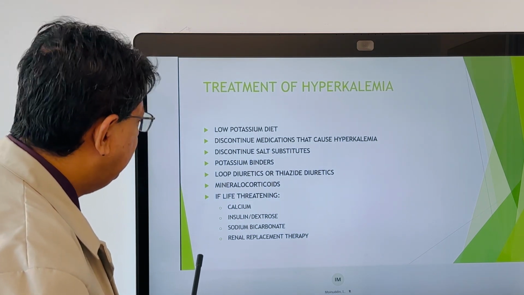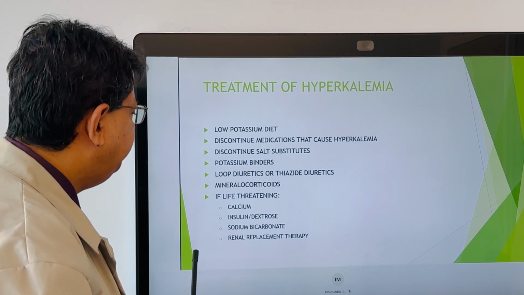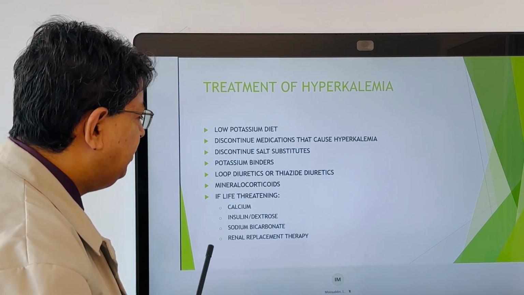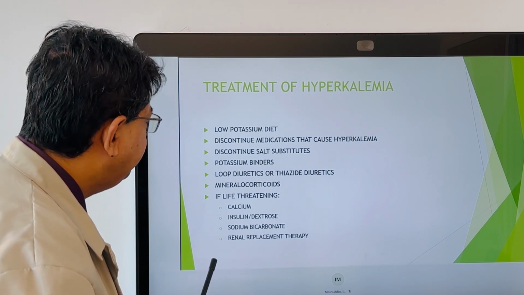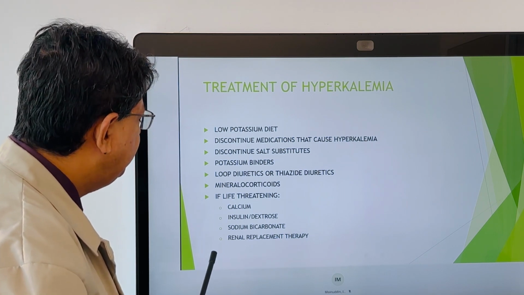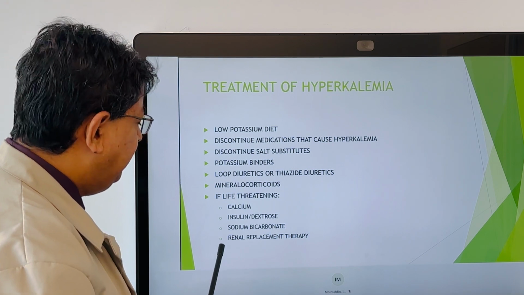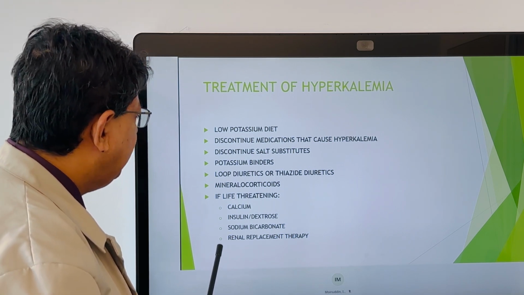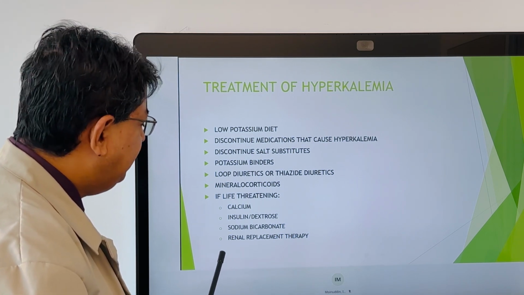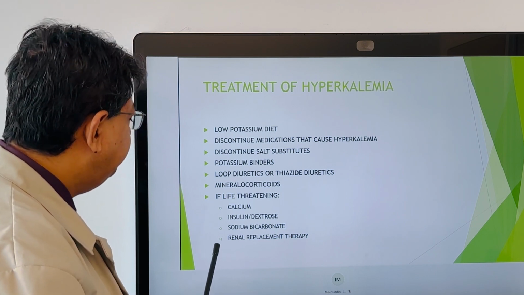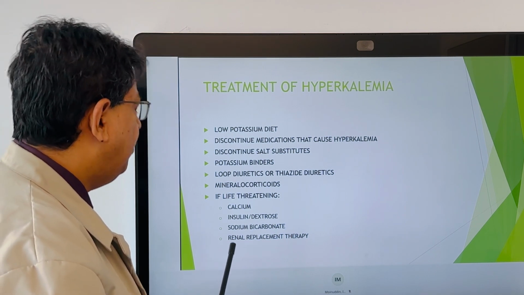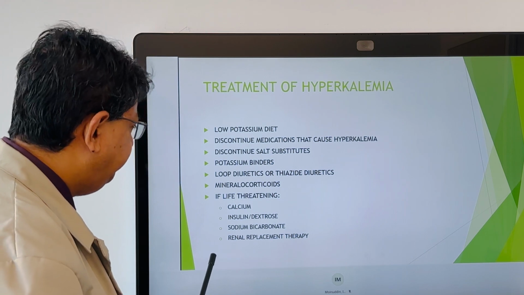Treatment of hyperkalemia includes a low potassium diet, discontinuation of medications that cause hyperkalemia, and discontinuing salt substitutes. Use potassium binders judiciously, use loop diuretics or thiazide diuretics if appropriate, and use mineralocorticoids if necessary.